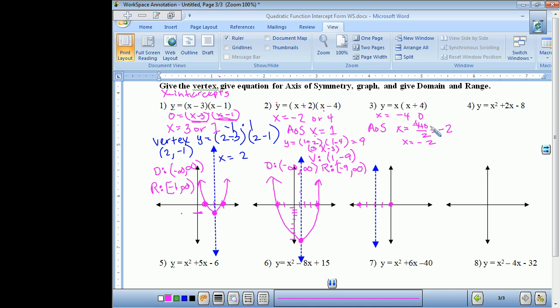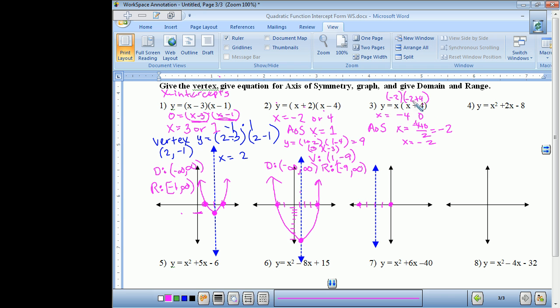Okay. So now what we have to do is find the vertex. Once we have the axis of symmetry, we know the vertex is on here. So when we find the vertex, we do that by taking this -2 and plugging it in. What is -2 times -2 plus 4?